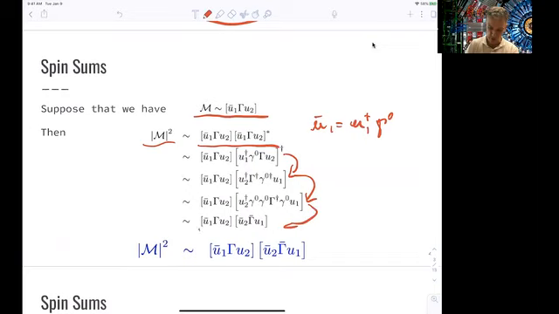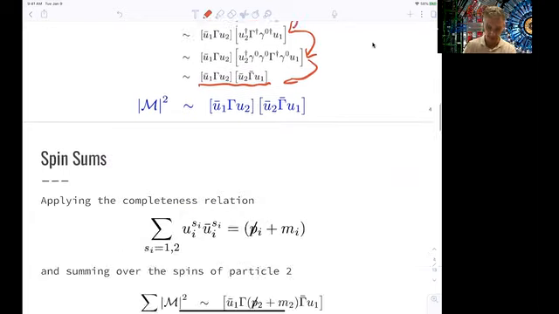So we want to evaluate what this adjoint U1 gamma U2 is times adjoint U2 gamma U1. Okay, good. So this was just matrix algebra and working with gamma matrices so far.